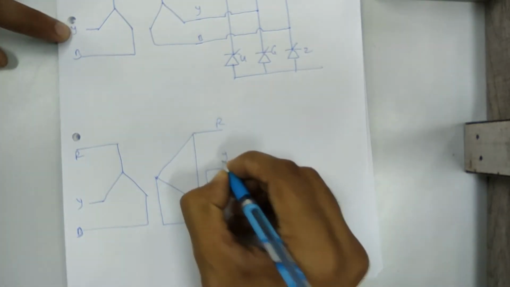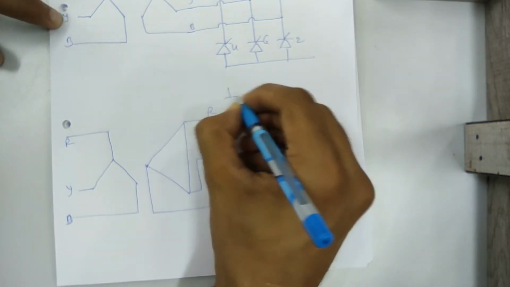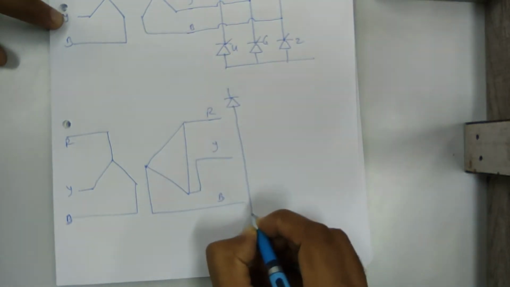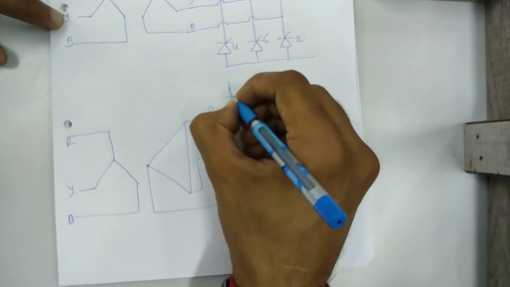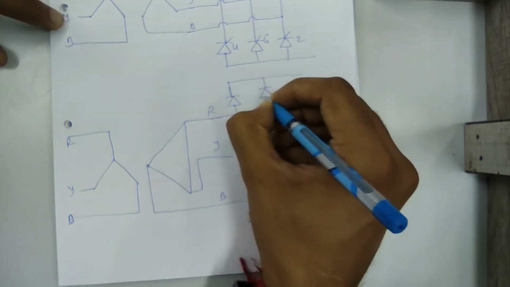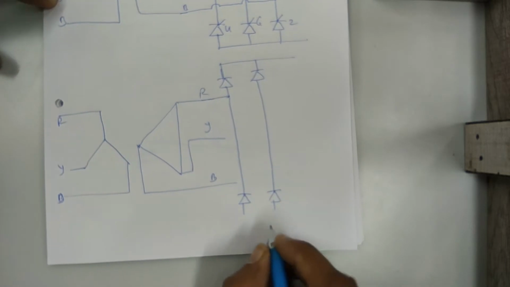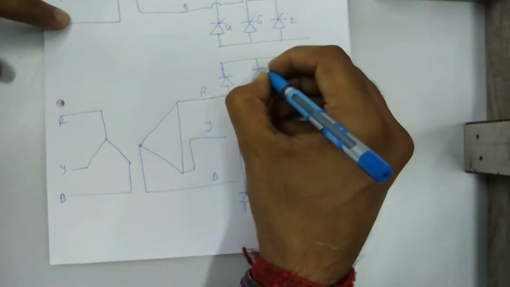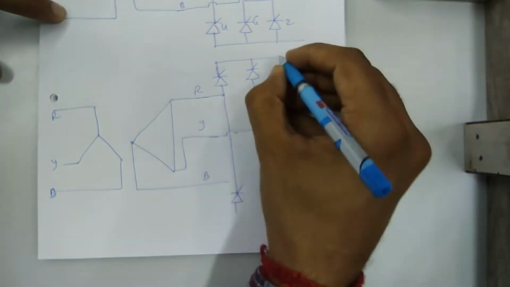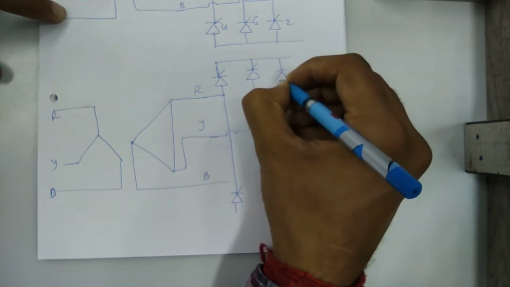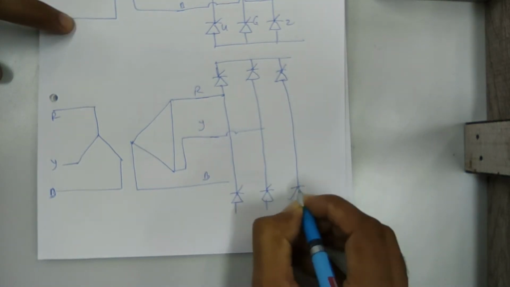This is R, Y and B. The same type of bridge converter, R phase with the first leg, this is a thyristor, Y phase with the second leg and B phase with the third leg.